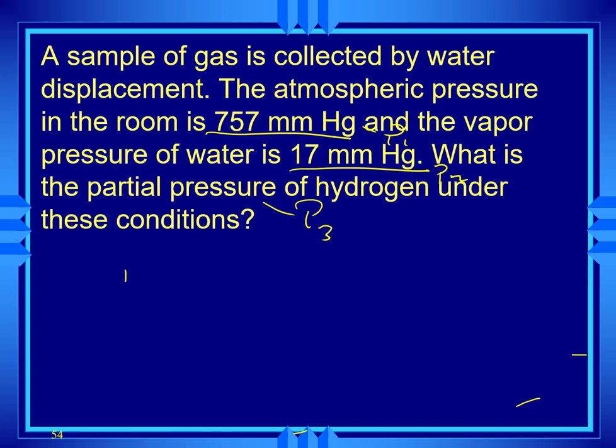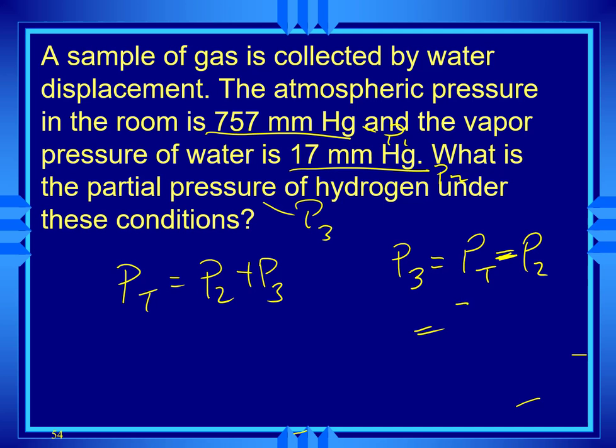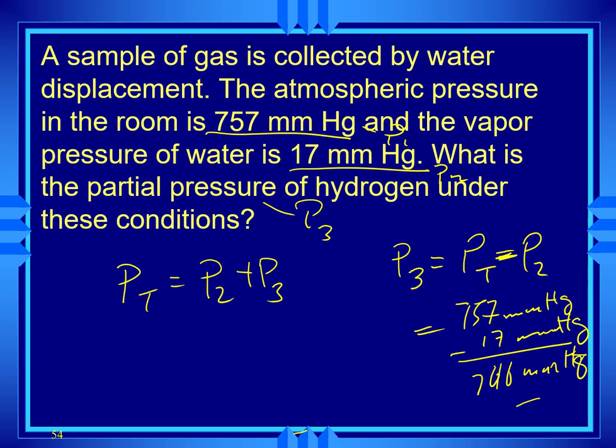So P1, P total, has got to equal P2 plus P3, not P. So P3 equals P total minus P2, which is 757 millimeters of mercury minus 17 millimeters of mercury, which is 740 millimeters of mercury. So you do a simple subtraction, and then you use that as the pressure of that gas.